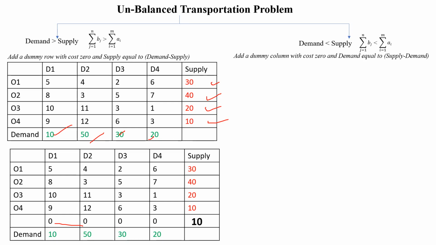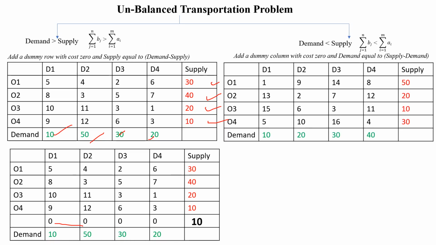Next, we look at another condition, demand is less than the supply. In the given problem, total demand equals 10 plus 20 plus 30 plus 40, which is equal to 100, and total supply equals 50 plus 20 plus 10 plus 30, which is equal to 110.